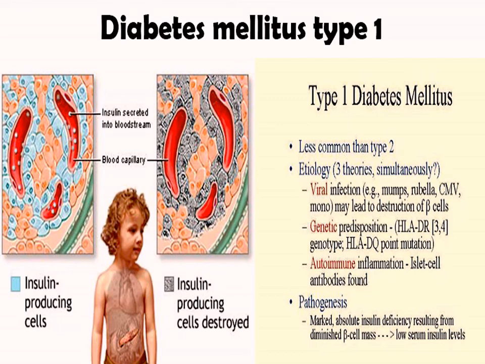Type 1 diabetes is less common than type 2. Etiology may be viral infection that leads to destruction of beta cells, genetic predisposition, found in about 15 to 20% of people with diabetes, or autoimmune disease that leads to destruction of beta cells by the immune system.